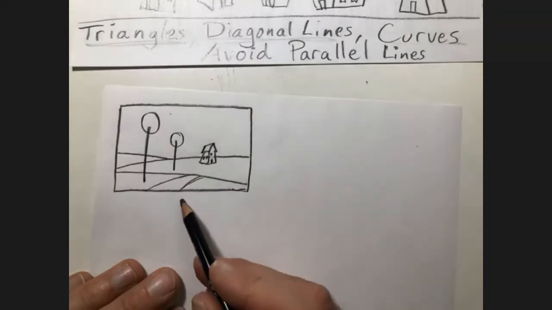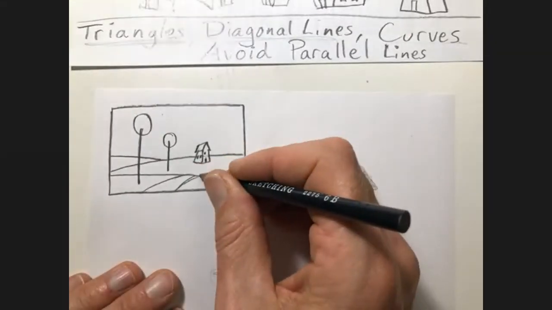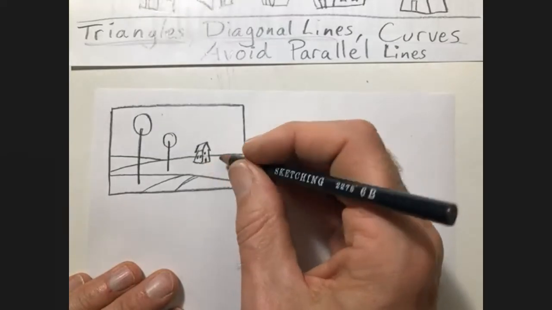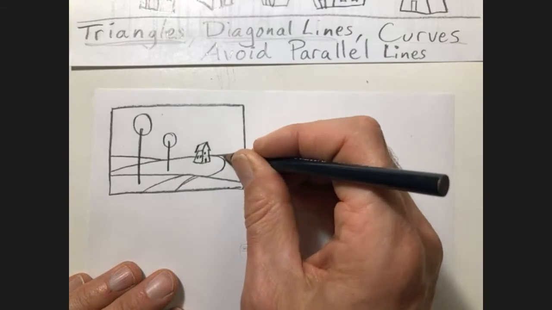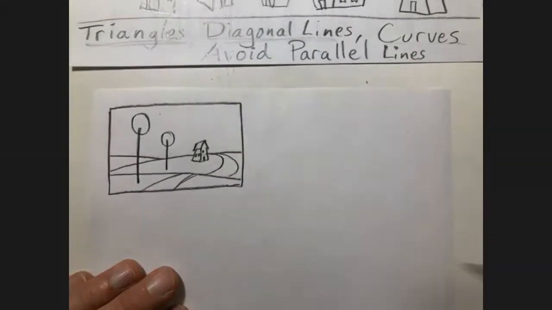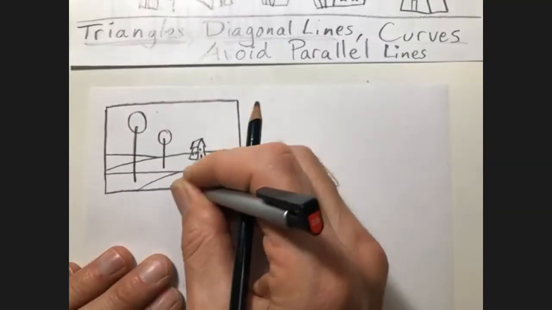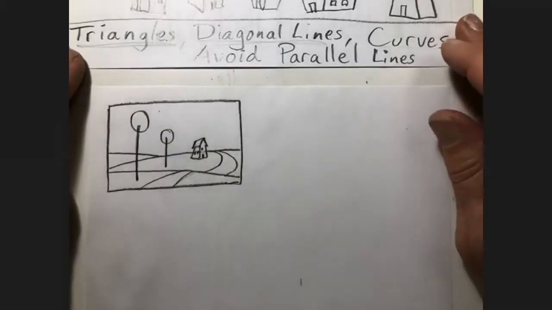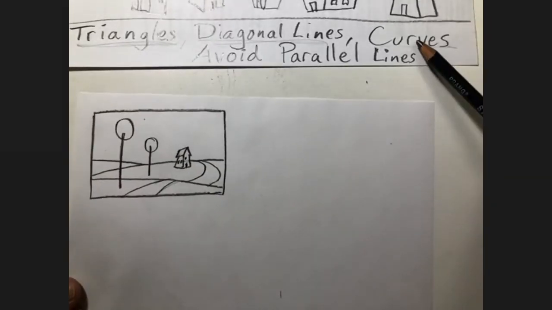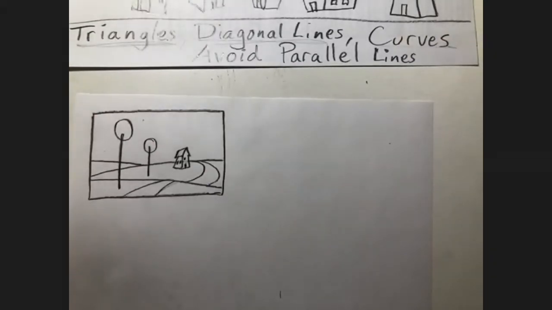Again, triangle, think, and oh, we can even think of a curve here. So we could curve that around, something like that. So all I'm doing as I'm making this up is I'm just keeping these things in mind: curves, avoiding parallel lines, making things diagonal, and triangles.